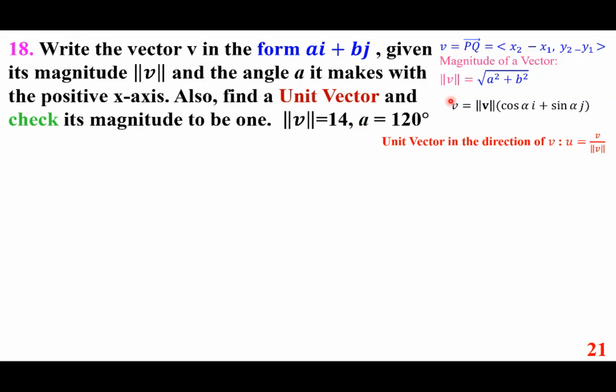And this is, again, reminding everybody about the synopsis of this concept. So a vector v has the magnitude. So we're going to put 14 times cosine alpha, cosine of 120 i, plus sine alpha, sine of 120 j. That's what we are going to do. So we're going to plug in the numbers.